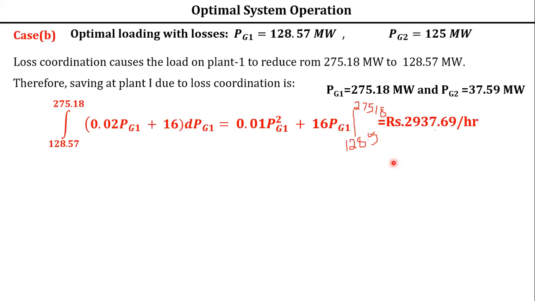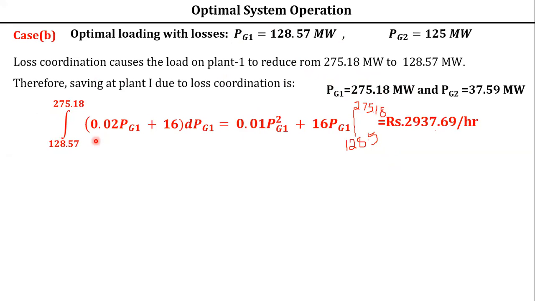That is rupees 2937.69 per hour is the savings at plant 1 alone. Why? Because from case A to case B, this is the case B value and this is the case A value when the losses are not coordinated. So case A to case B limits you have to put here. So this is the savings.